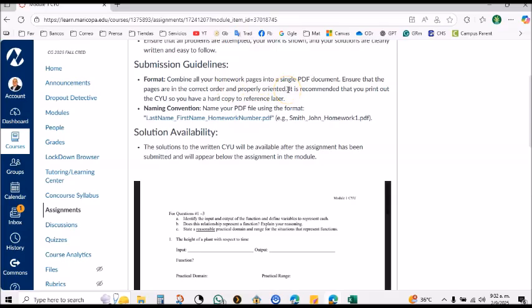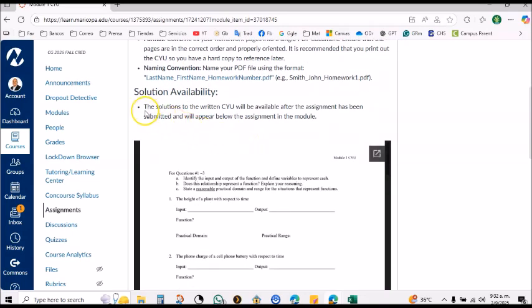So you can say, for question, identify your name, right? For question 1A is this, 1B is this, step by step. Naming convention: make your PDF file using the format, your name, last name, and homework number.